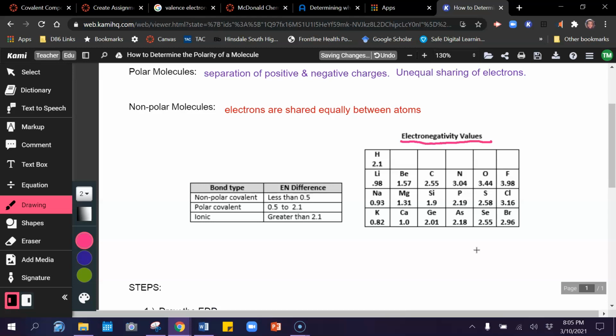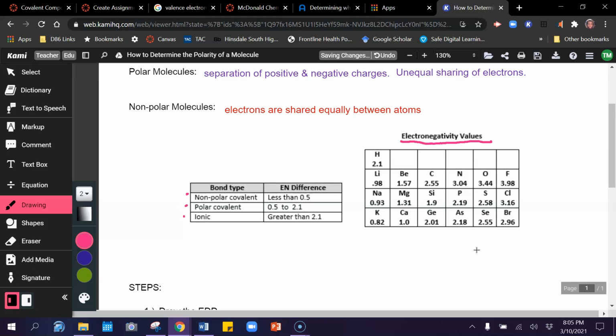I pulled out a couple of elements and I put their electronegativity values here. In order to determine whether a bond between two of these atoms is nonpolar, polar, or ionic, I just have to subtract their electronegativity values.